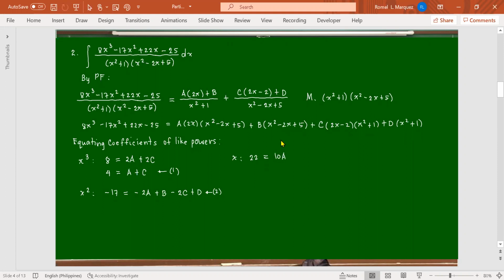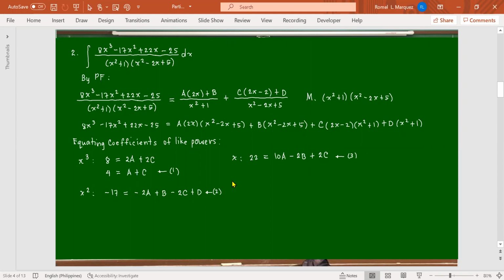What about here? Is there a linear term? We have negative 2bx, numerical coefficient is 2b. And then we have positive 2cx, so the coefficient is 2c. So no more, so this is our equation number 3.